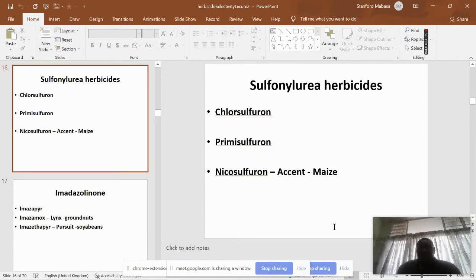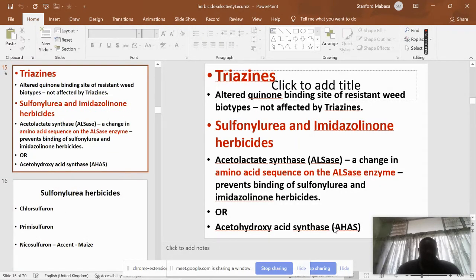What happens is that nicosulfuron is going to bind to the enzyme in the grass and cause it to die. But it will fail to bind to the enzyme in maize, and the maize is going to survive. And in this case, the enzyme is acetolactate synthase or acetohydroxy acid synthase.